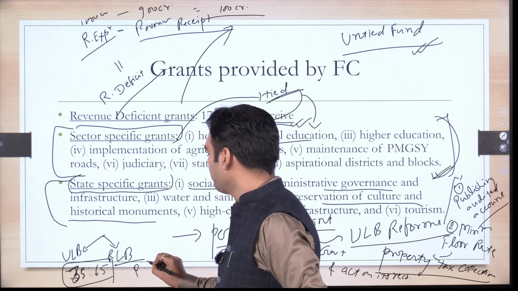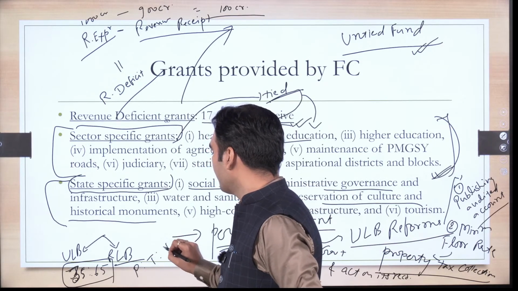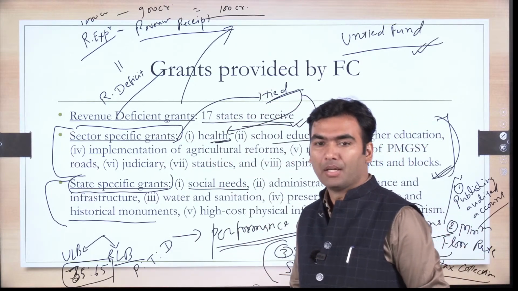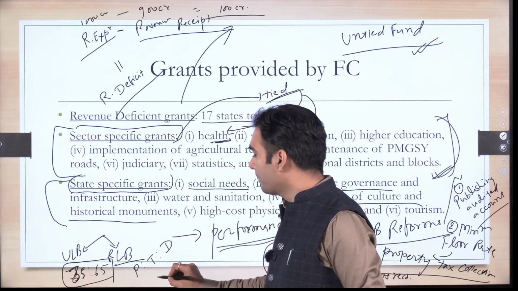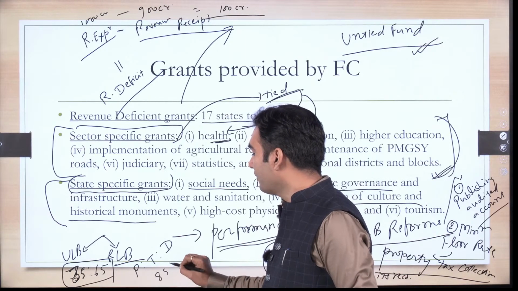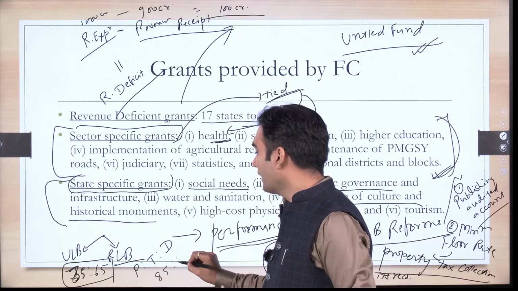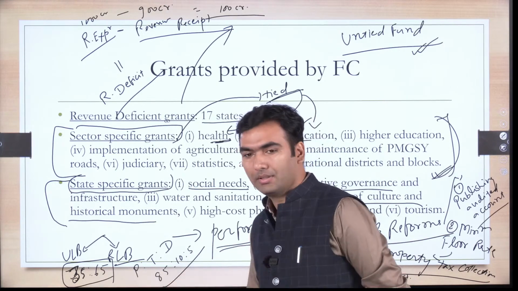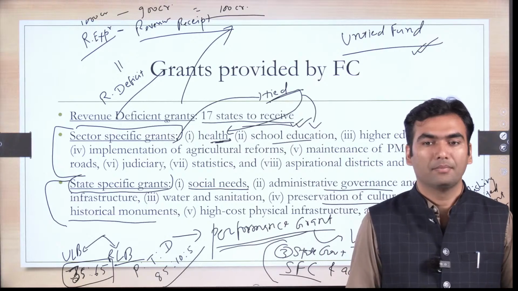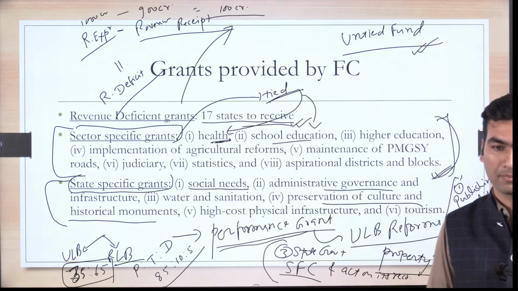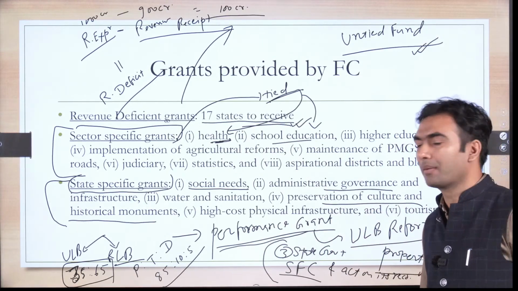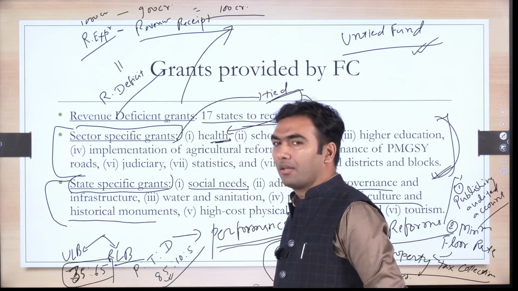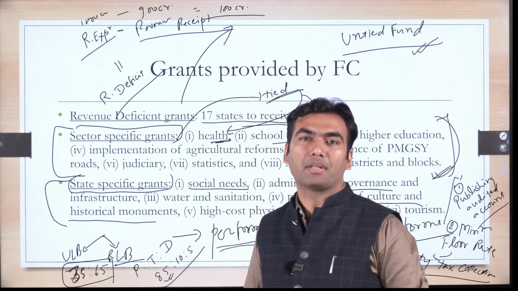Panchayat, taluka, district, they are the three-tier structure. Actually, the panchayat gets 85%, the taluka gets 10%, and the district level gets 5%. So all three get money, but the majority goes to the lowest level, that is the panchayat level.